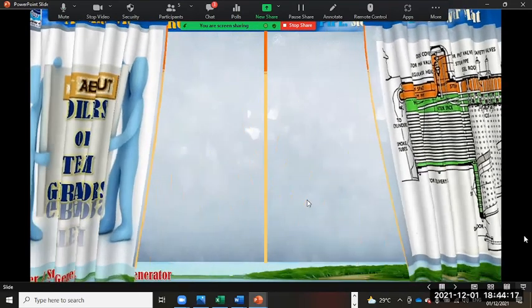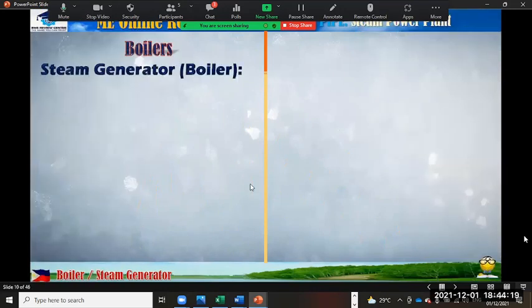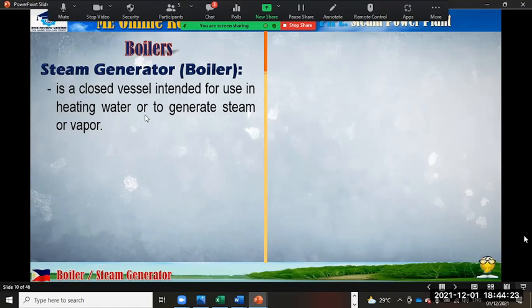As we all know, a steam generator is a closed vessel that is intended for use in heating water or generating steam or vapor. It is composed of a boiler and a furnace.